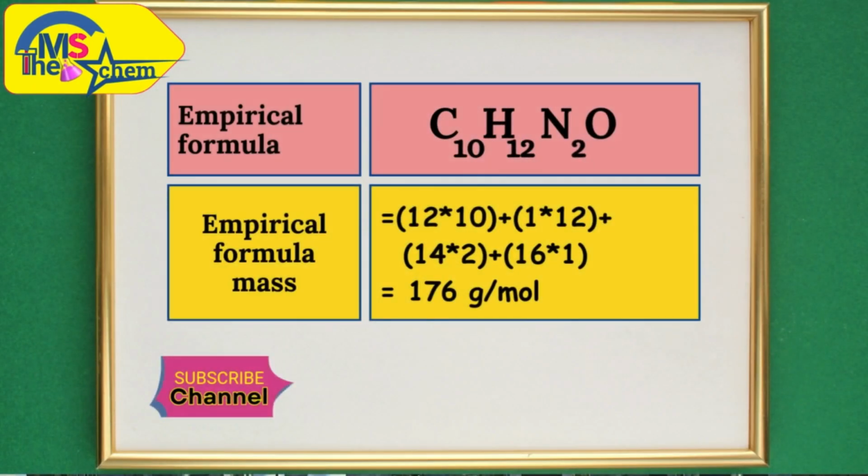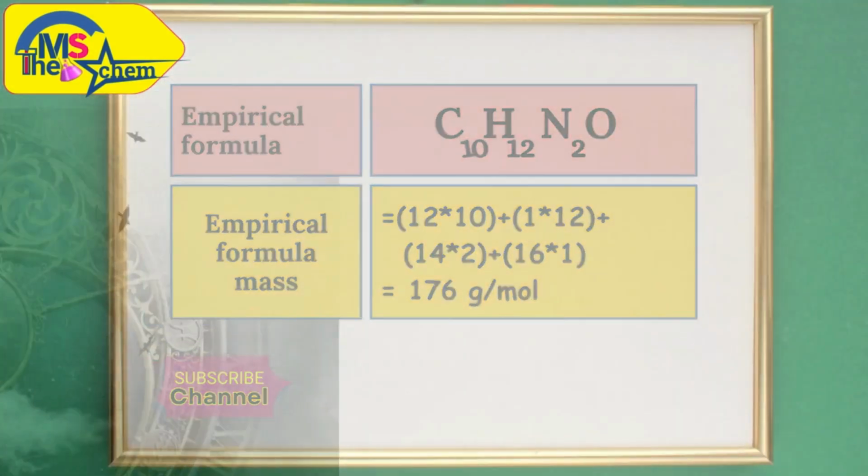As we have determined the empirical formula, next we have to determine the empirical formula mass. It can be calculated by multiplying the atomic masses by the respective number of atoms, and the answer comes out to be 176 grams per mole. This is the empirical formula mass.